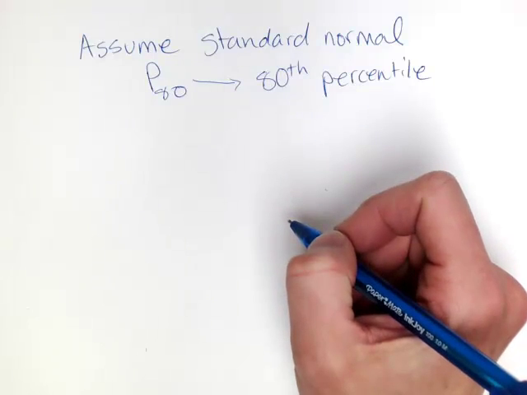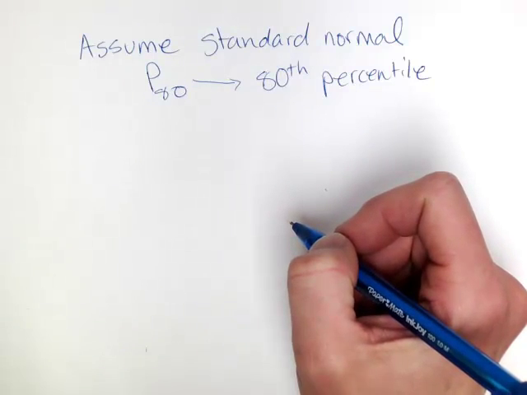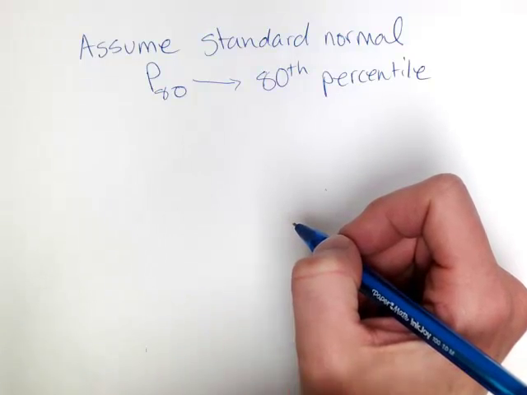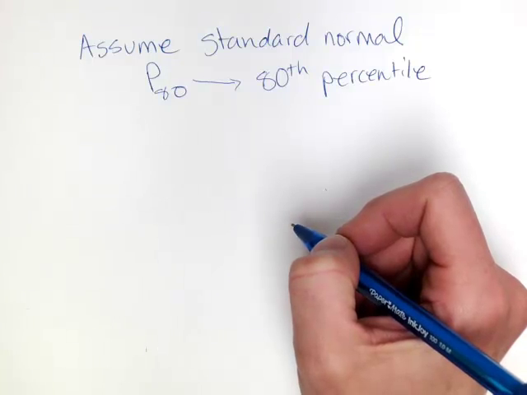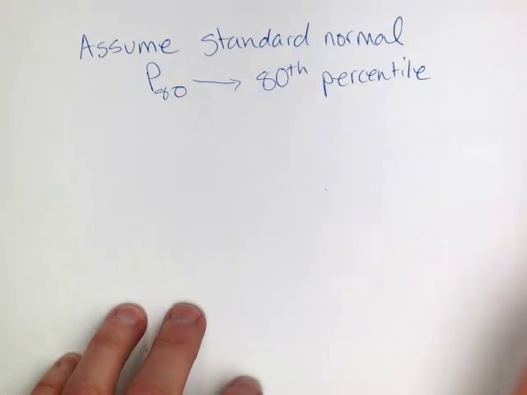For example, the 50th percentile would be the mean because 50% of the values on a normal distribution are below the mean and 50% are above the mean. So again, the mean would be the 50th percentile.